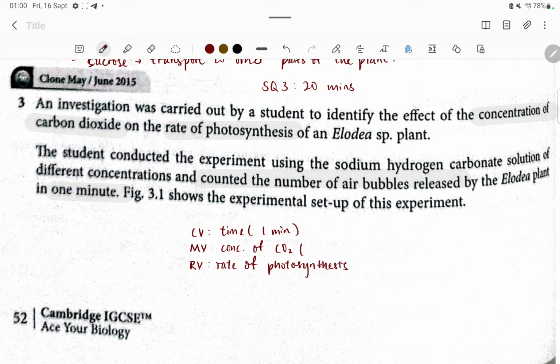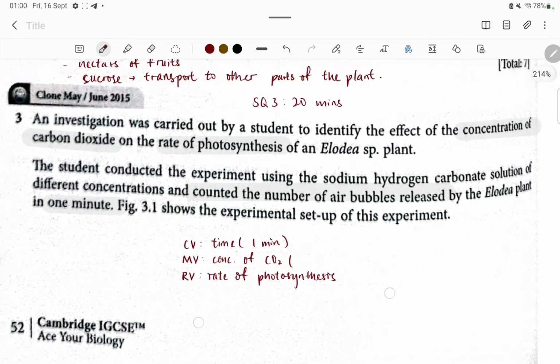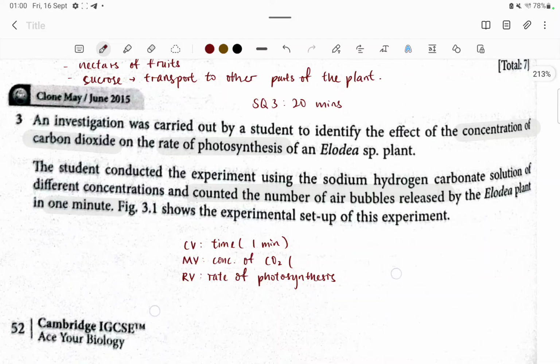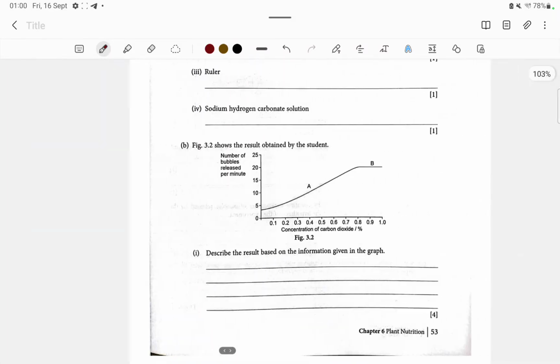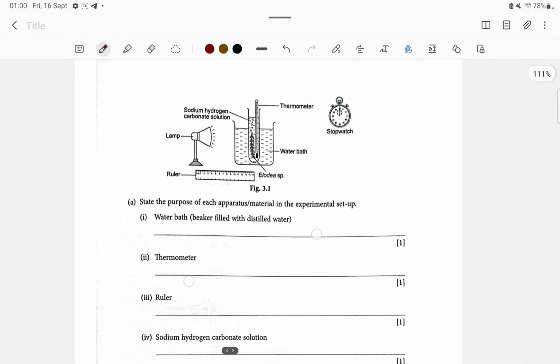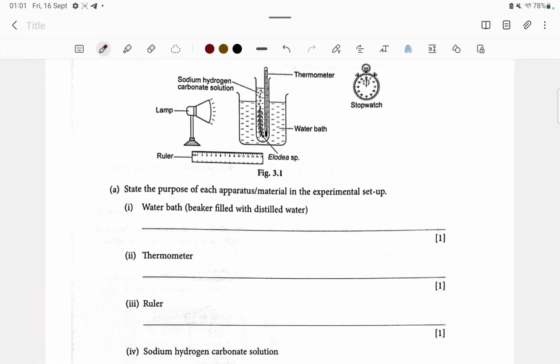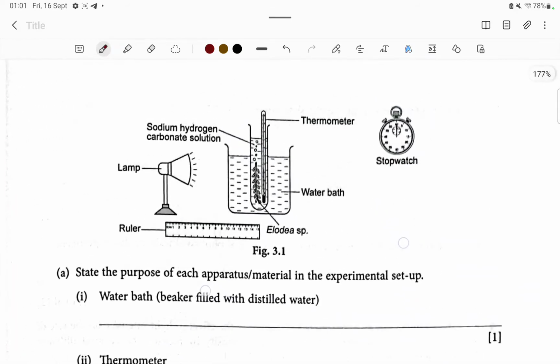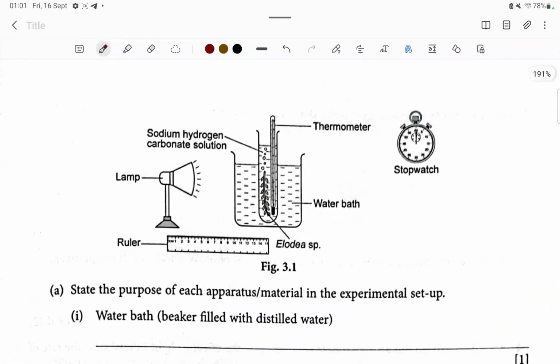So this one let's move on to next page first. Okay. This is the setup. Sodium hydrogen carbonate solution is at here lah. And then lamp is for the sunlight lah. Ruler is to measure the distance.